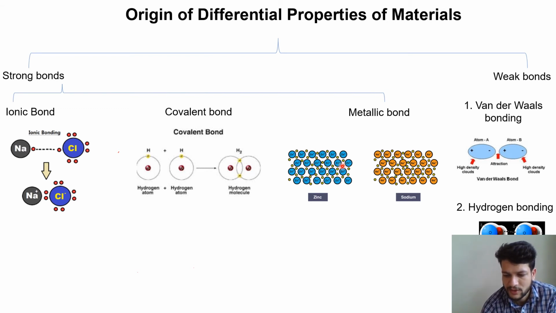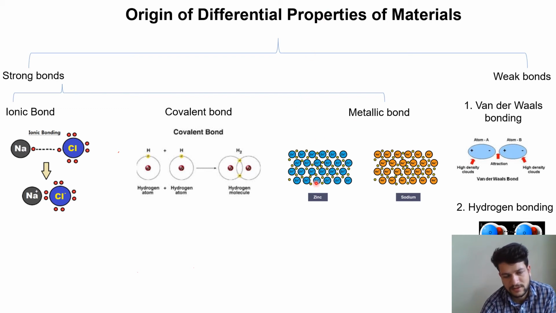There is a very strong bond between these metallic cations and electrons. The more tightly packed the metallic core is, the stronger the attraction between these metallic cations, and it forms a more packed crystal structure.